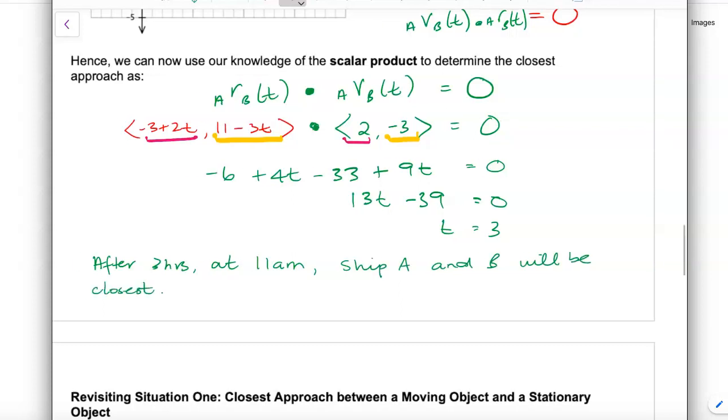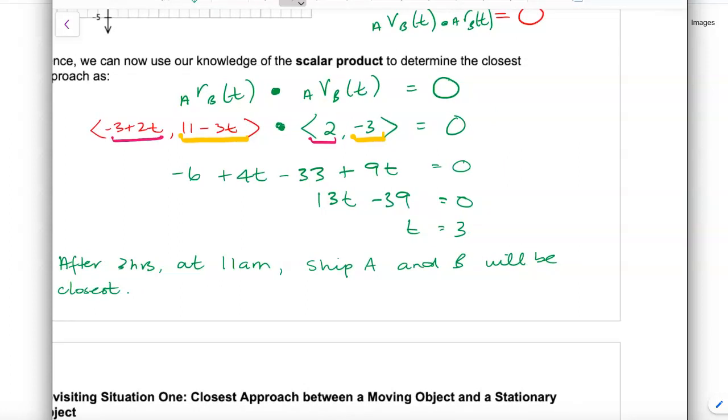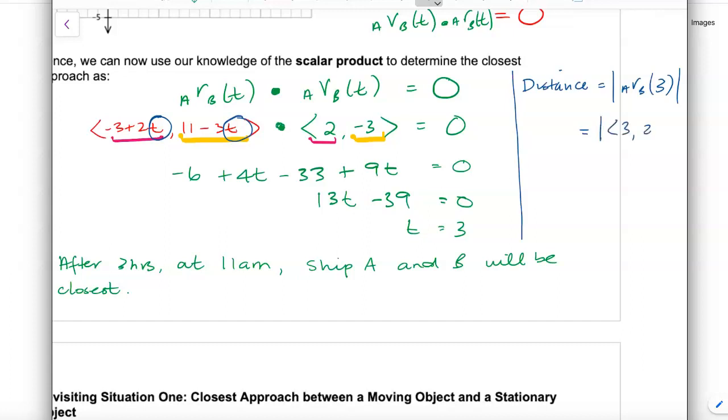What we want to do now is work out where that will be. So the distance is going to be the magnitude of A relative to B, but instead of over time, we know we want it after 3 hours. So we can substitute 3 back into our displacement vector, and we get 3, 2.